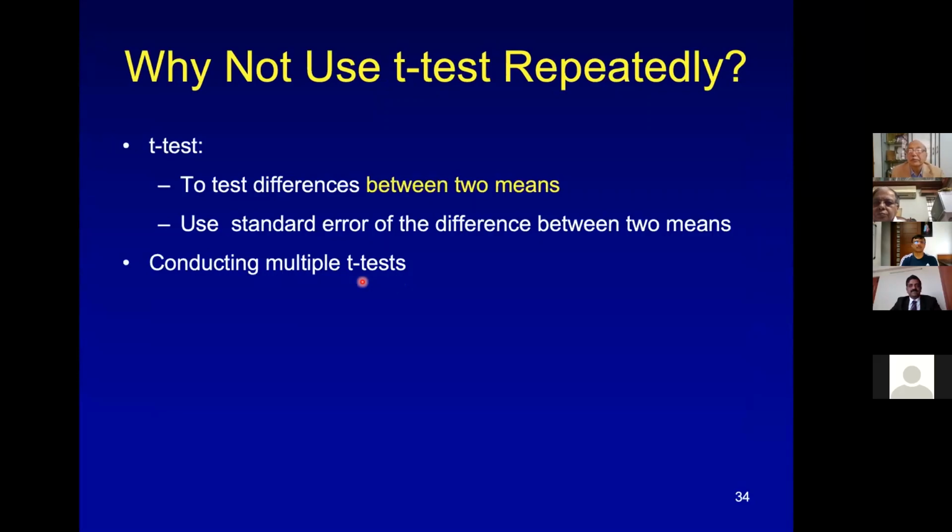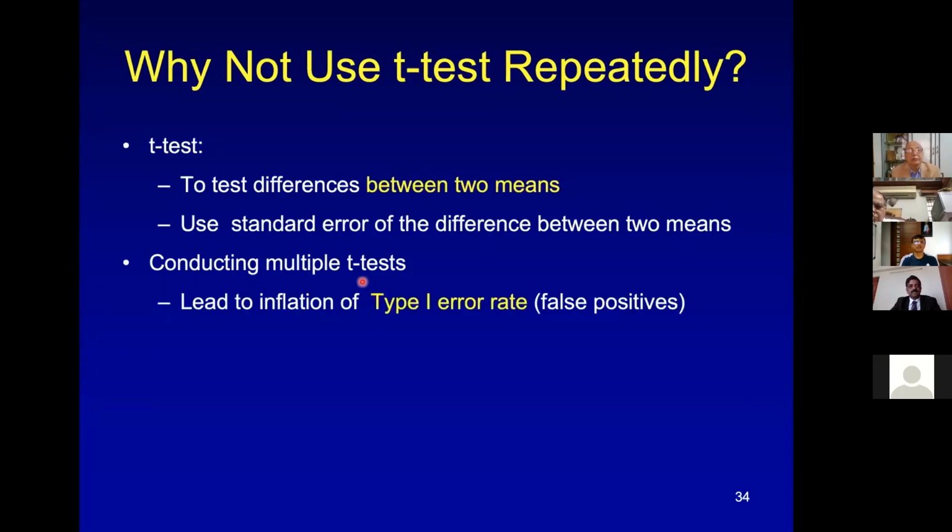Since we've not done probability and significance testing, I'll take a moment to explain this. I think we are doing types of errors tomorrow, and also post-hoc tests are being done tomorrow. So in sequence that should have been done before this, but it's okay. We'll go ahead. When we conduct multiple t-tests, this leads to an inflation of the type 1 error rate.